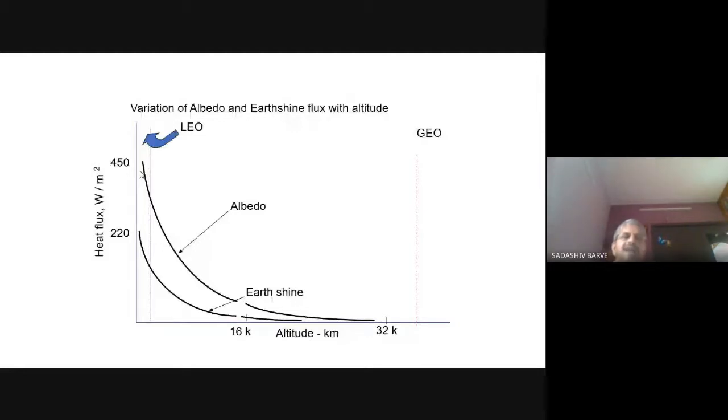So the impact, in terms of temperature, is negligible. That is why in most geostationary satellites we do not consider the impact of albedo and Earth-shine on the satellite surface.